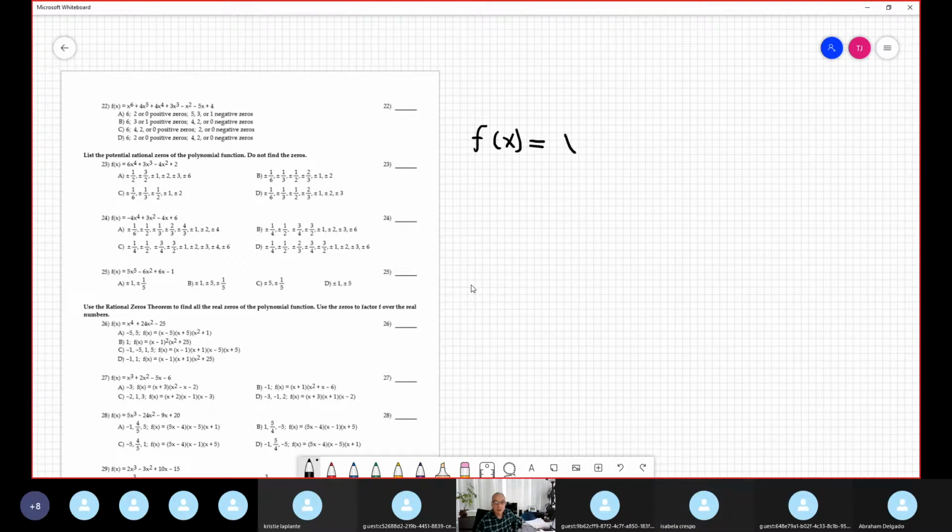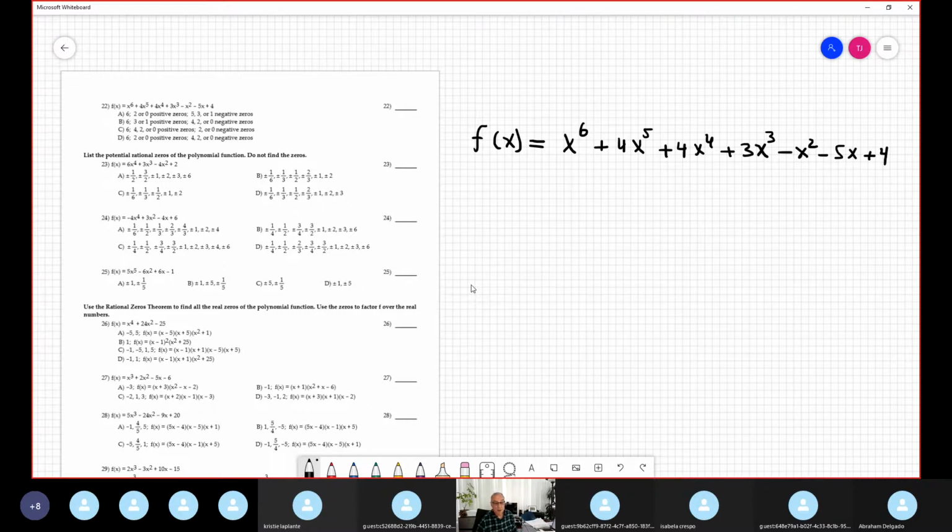Okay. x to the 6th power plus 4x to the 5th power plus 4 again x to the 4th power plus 3x to the 3rd power minus x squared. Wow, too long. Minus 5x plus 4.